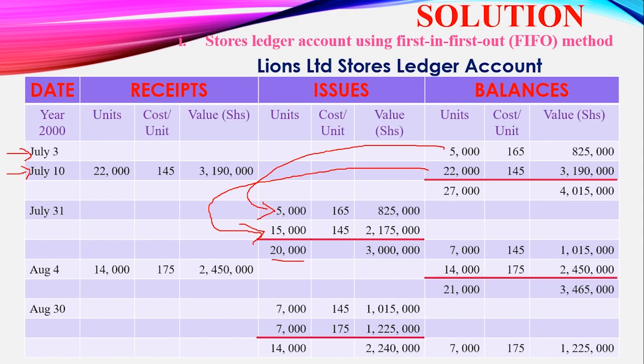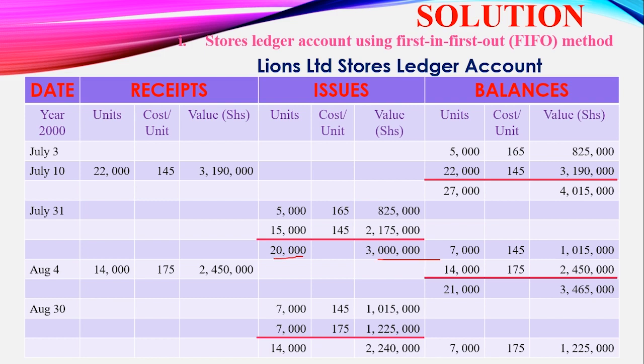We are issuing 20,000 units, so we need 15,000 units from this stock that was acquired here at a price of 145. As you can see, that is the price at which they were acquired, giving us 2,175,000. So at that time, we are issuing 20,000 units at 3 million. That is the total value here.